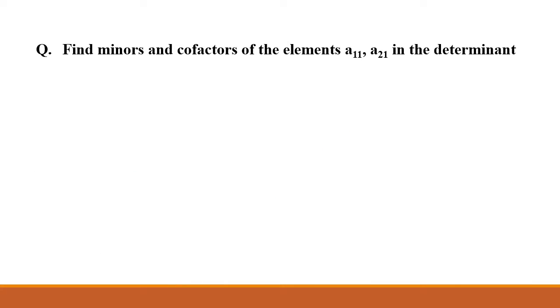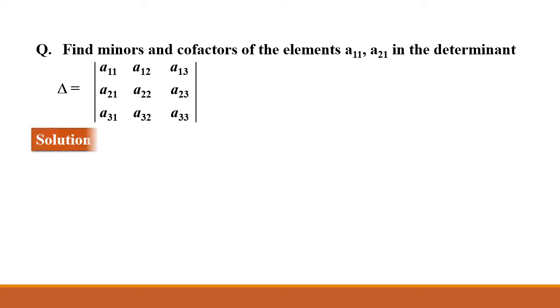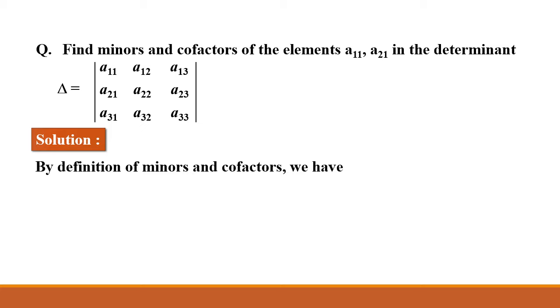Next, find the minors and cofactors of the elements A11, A21 in the determinant delta equal to A11, A12, A13, A21, A22, A23, A31, A32, A33.